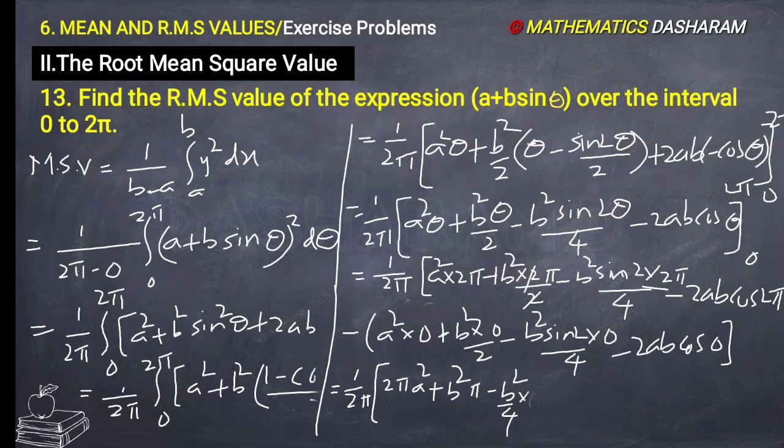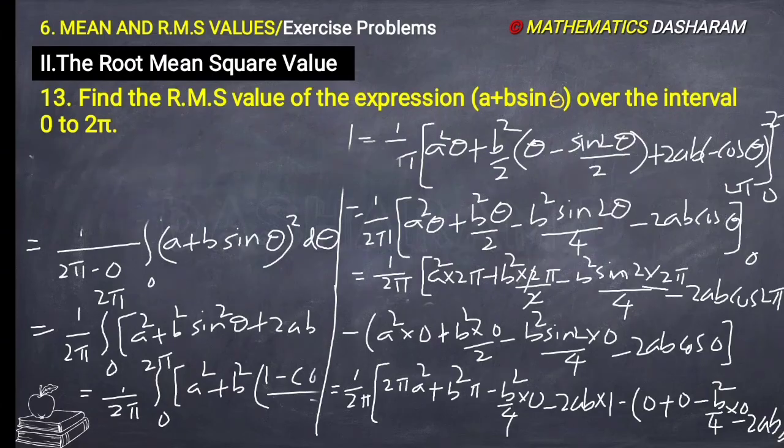Next to minus 2ab into cos 2 pi. Cos 2 pi value is 1, minus here a square into 0, 0, plus b square into 0 by 2 is 0, minus b square by 4 into sin 2 into 0, sin 0 is 0, and here cos 0 is 1, so minus 2ab.